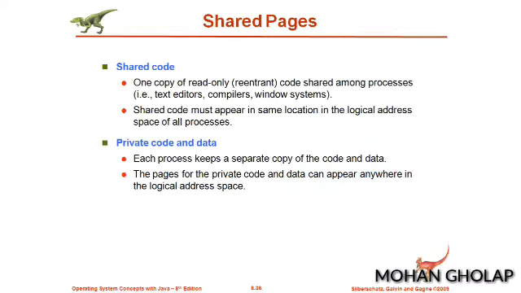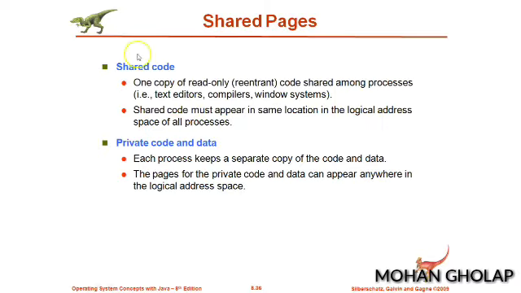Next we'll see shared pages. One of the advantages of paging is the possibility of sharing common code. This is also called reentrant code, which can be shared among different processes, such as text editors, compilers, window systems, and so on. They can access a particular code at the same time.